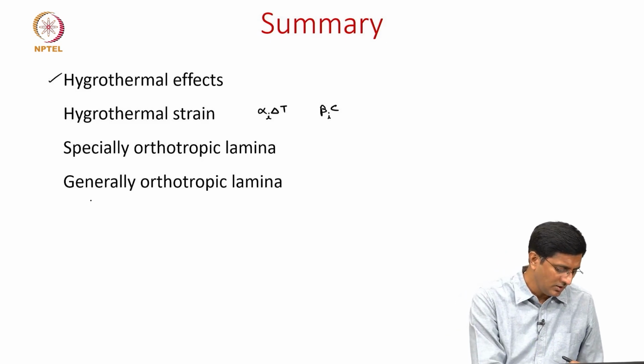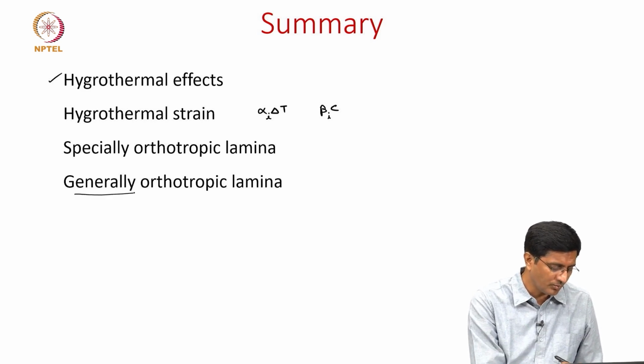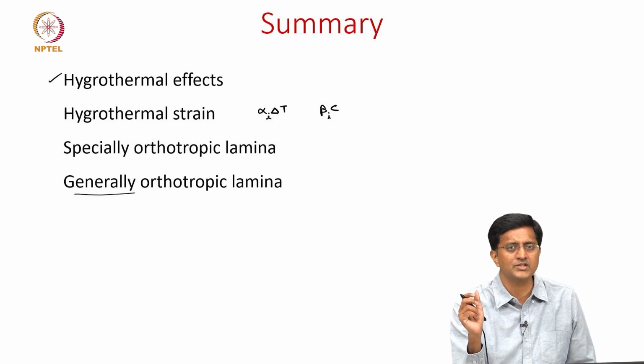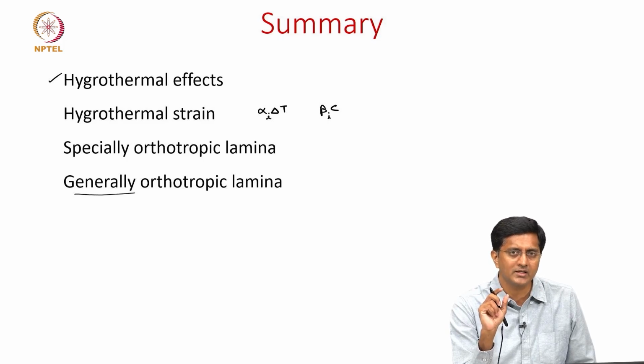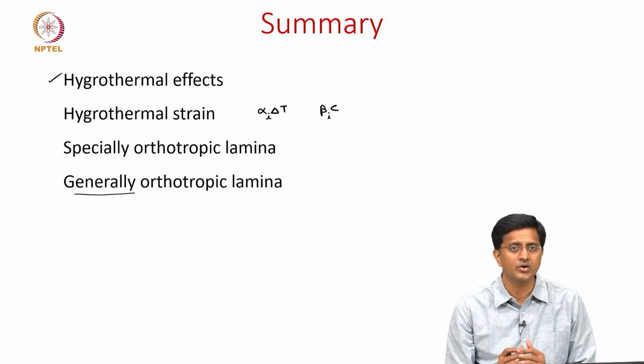And lastly, we said we can also extend the same derivation to generally orthotropic materials. The only difference is we have replaced the compliance matrix with the transformed compliance matrix, and we also have taken care that the CTEs and CHEs are now written in terms of the body coordinate system XY. So with this, we'll conclude this video, and in the next video, we'll look at the failure of the lamina.